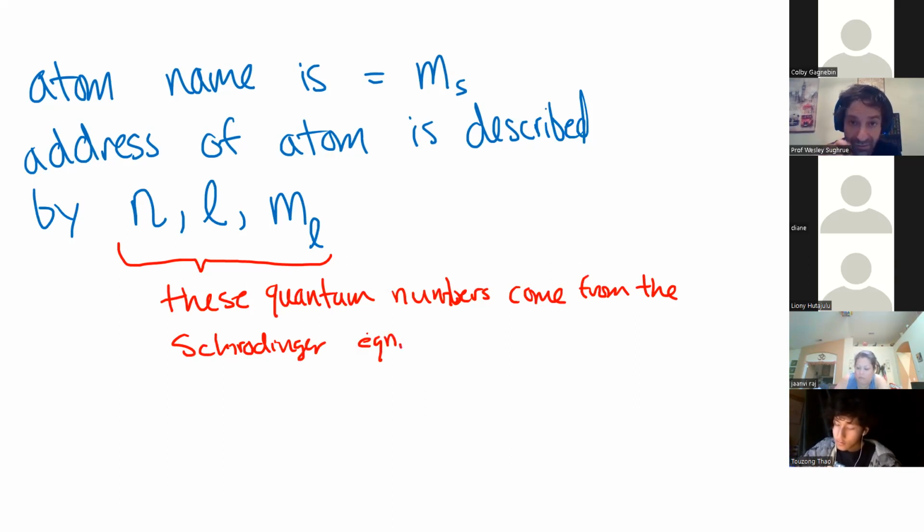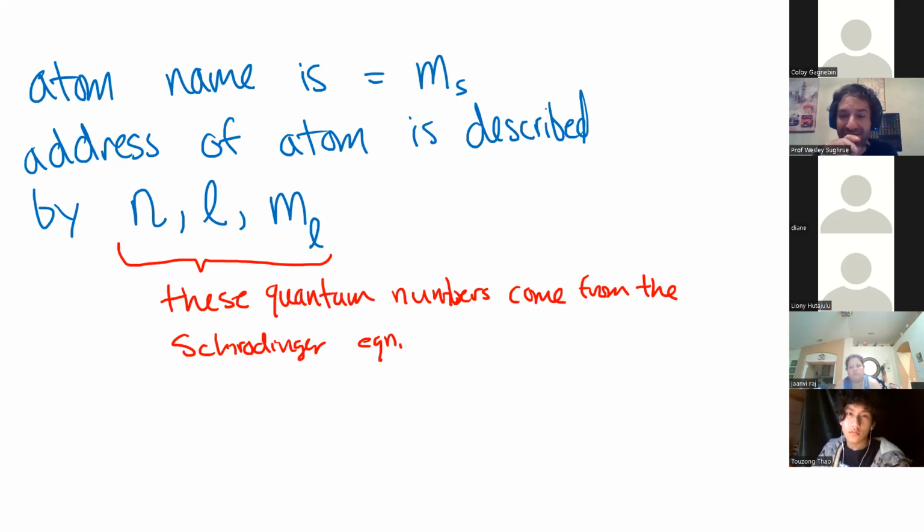Those are the three quantum numbers that come from the wave function that tells you where the electron is located. Its address is where it is located. Aha. The m sub s, which has nothing to do with where it's located, is the electron's name. Think about that for a second. Brilliant analogy, see?